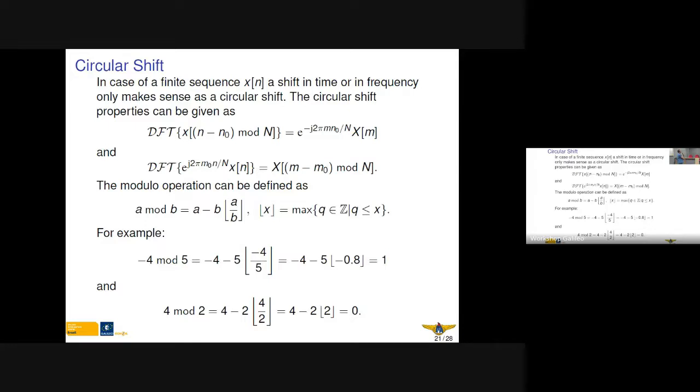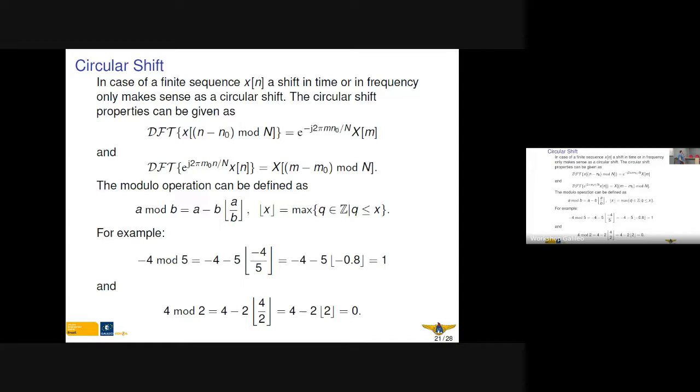This is what we take in this second term. For example, take minus 4 modulo 5. Minus 4 divided by 5 is minus 0.8, and then we take the smallest integer below it, which is minus 1. Then minus 4 plus 5 is 1.